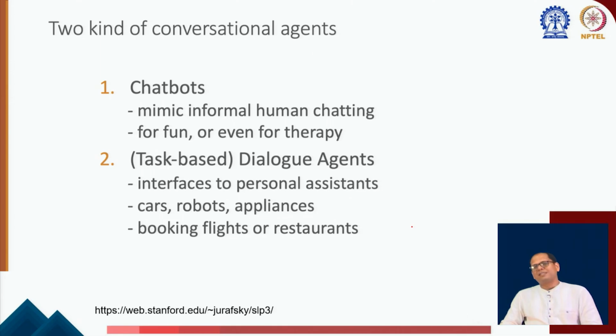Now when we talk about the types of conversational agents, there are typically two that are most prevalent. One is known as simple chatbots. There you will be conversing just for fun, and even sometimes for therapy. So they are mimicking informal human chatting. The second type are dialogue agents that are more task based.